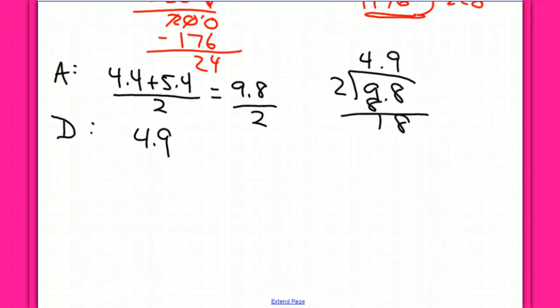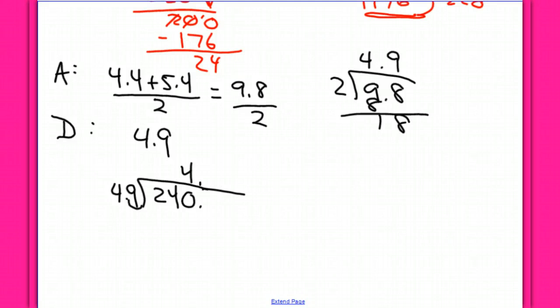Okay, so again, 24 is what we were finding the square root of, divided by 4.9. And we're going to move our decimal, put it up in our answer. 49 times 4, 36, 16 plus 3, 196.